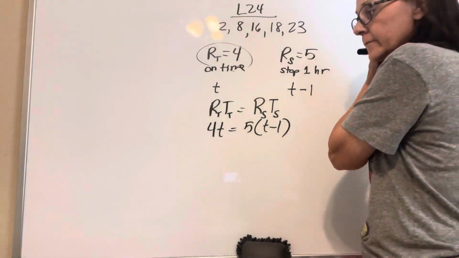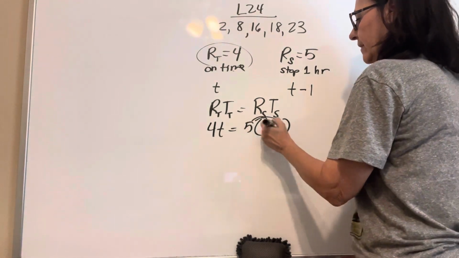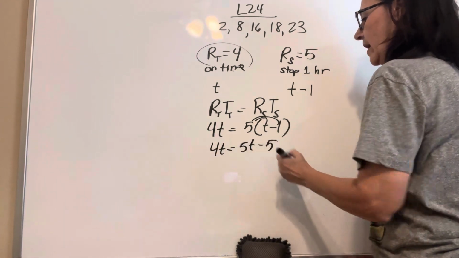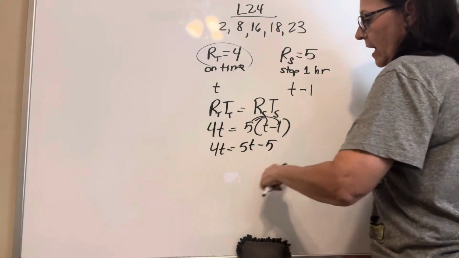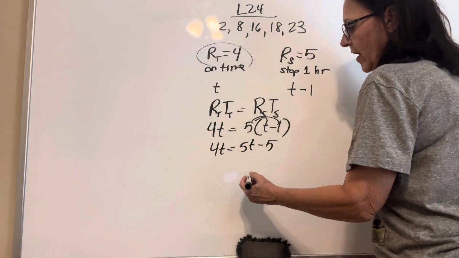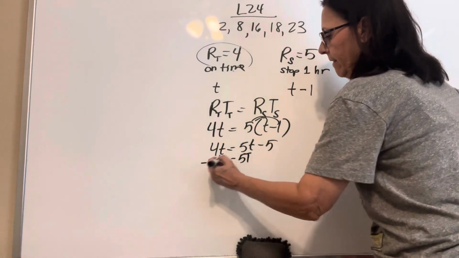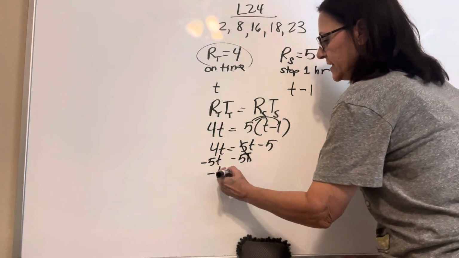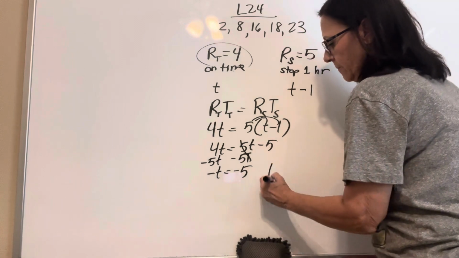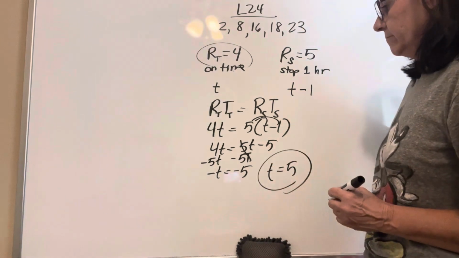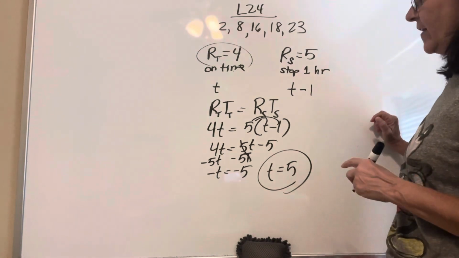Distributing the 5, we have 4t is 5t minus 5. I'll just move the 5t to the other side. So we're left with negative t is negative 5. Multiplying both sides by negative, the time is 5 hours.